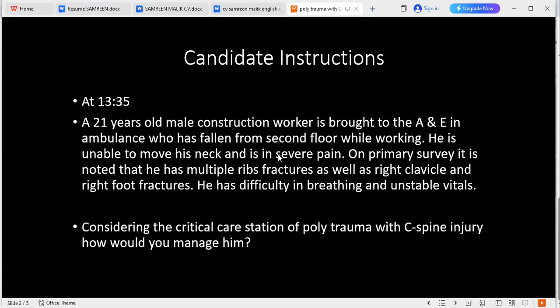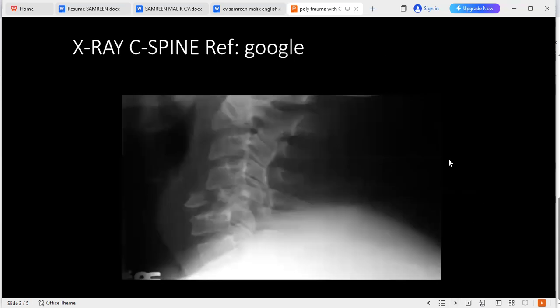Because the patient was already complaining about severe pain in the neck, you asked for one imaging. How would you describe what kind of image this is? This is a lateral cervical spine X-ray. And what do you see?